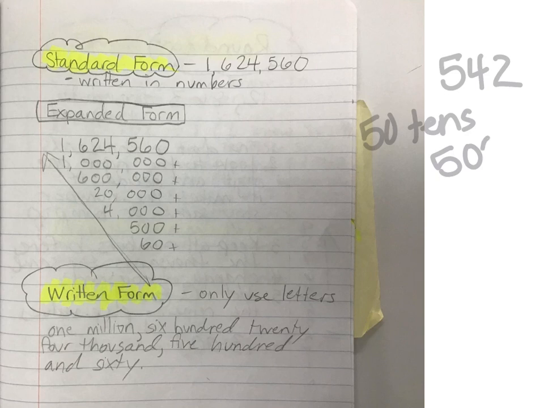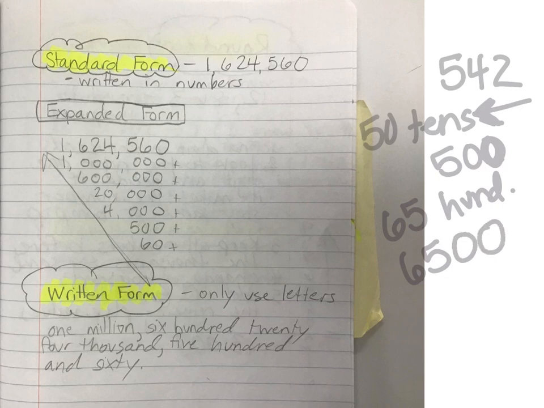If you said 500, you're right. Sometimes on the test and the review, they're going to try to trick you. They're going to say 50 tens. Well, 10 is the 1 0 here, put 50. If they say 65 hundreds, that's going to be 65 and hundreds, so 6,500.